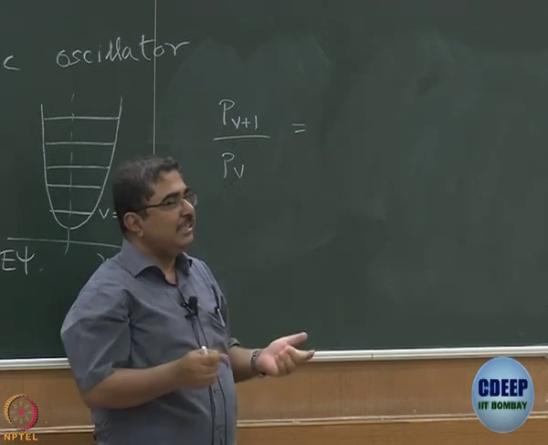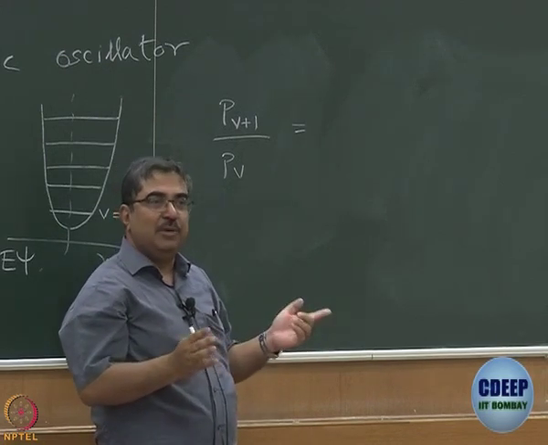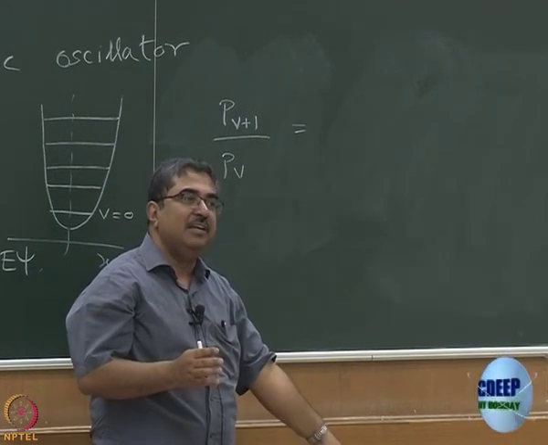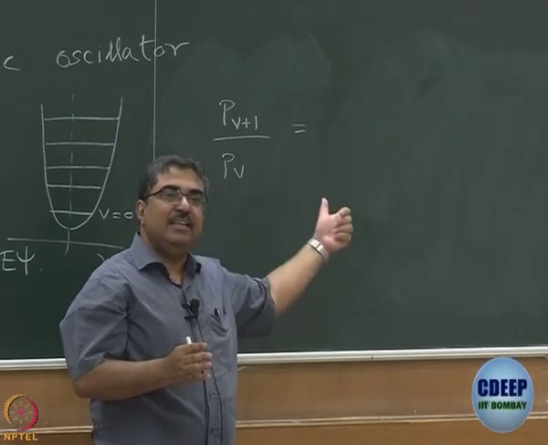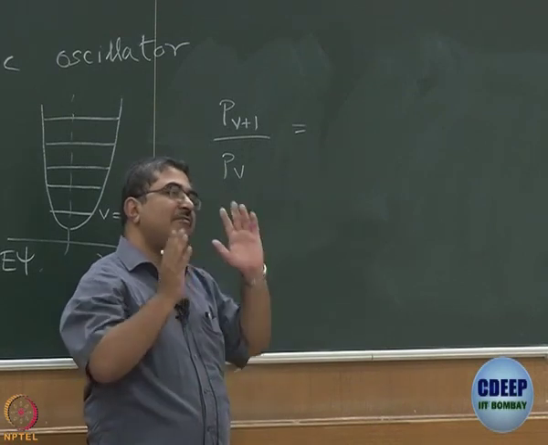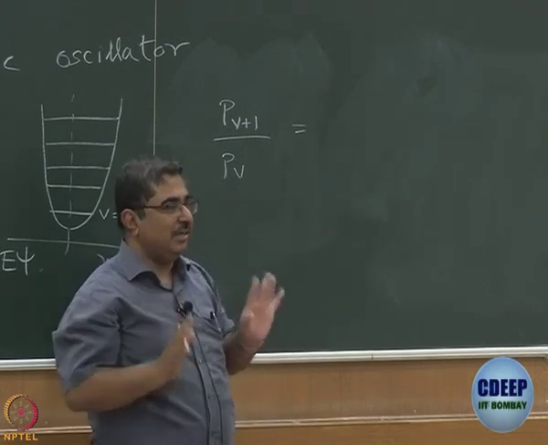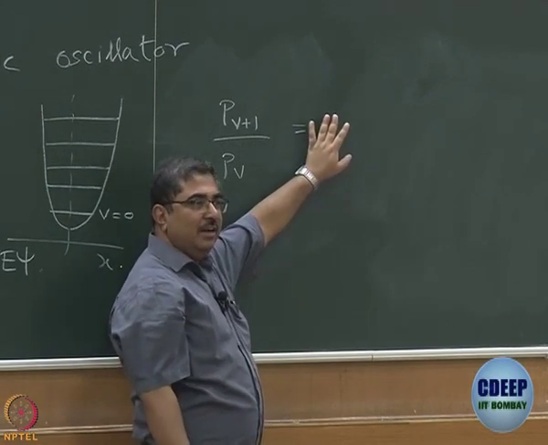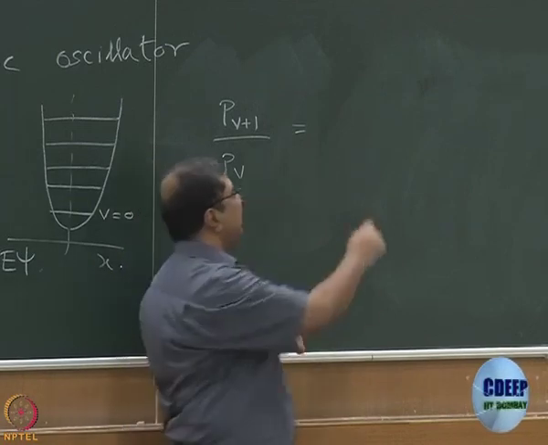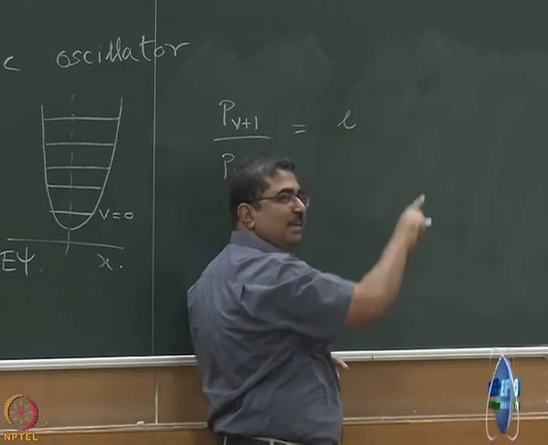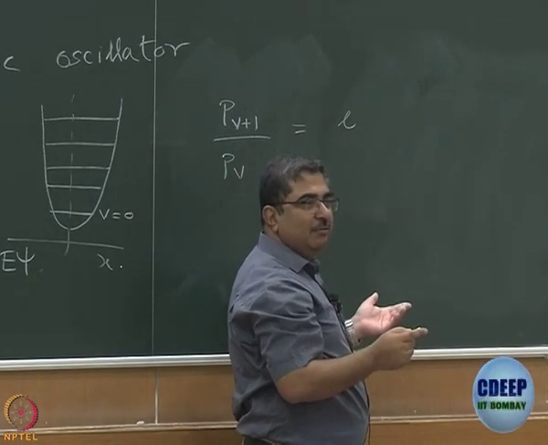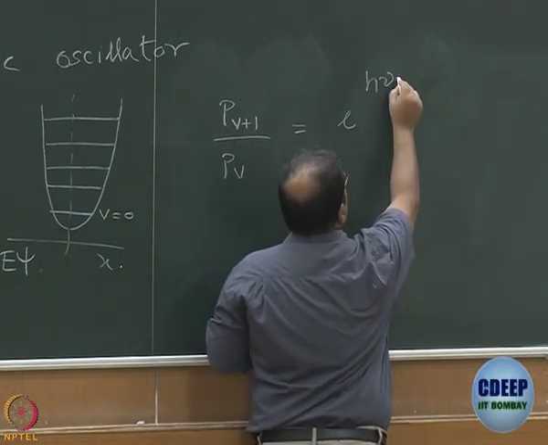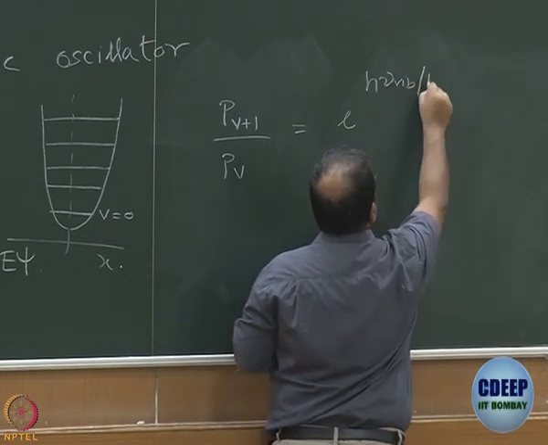In case of rigid rotor, you had degeneracy of 2J plus 1 because the same angular momentum vector could have been pointed in different directions. Here there is no such thing. So, degeneracy of every vibrational level is 1 and only 1. Okay. So, degeneracy factor is 1 and then you have Boltzmann factor, what is that? E to the power minus delta E by kT, right. What is delta E for two successive levels? H nu vib divided by kT.